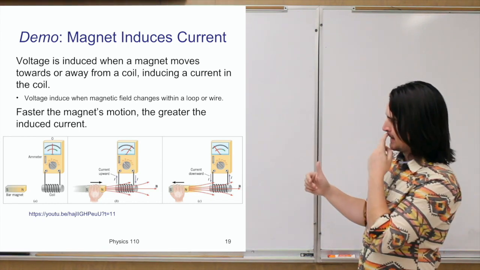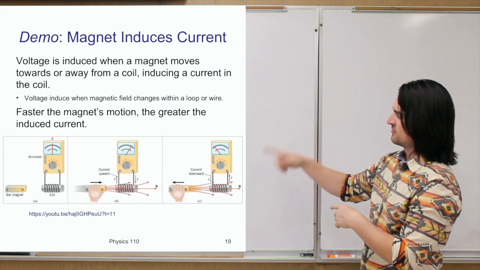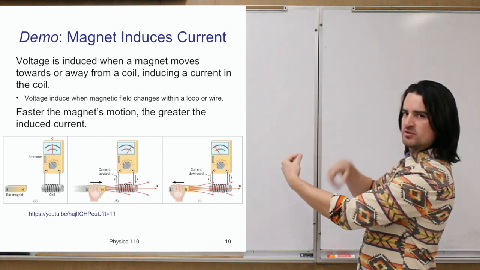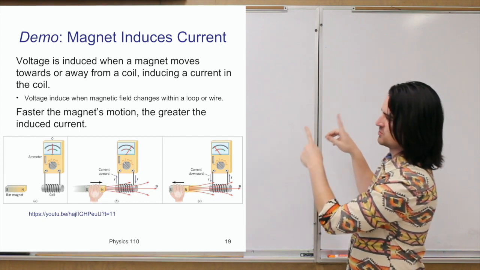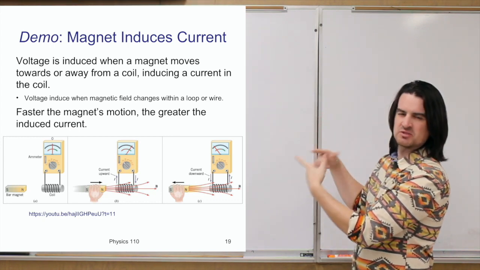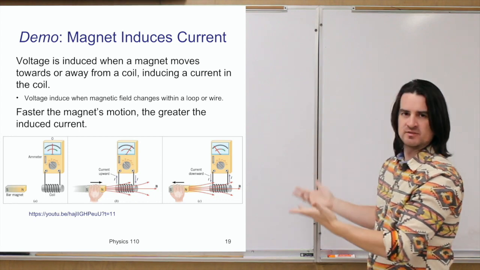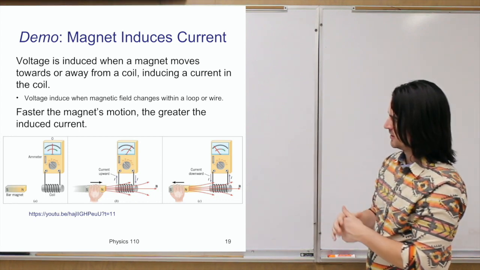It's not really necessary, but just the fact that it's a coil, we now have these loops of wire, and then that coil is connected to what's called an ammeter, which basically just measures current. It shows that current flows through this piece of wire.